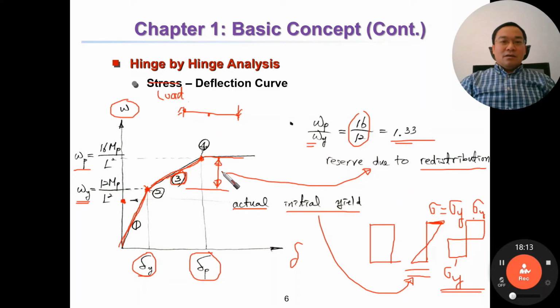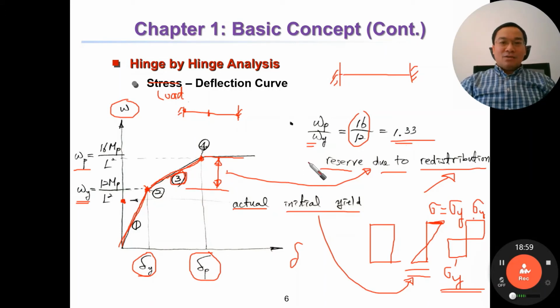This gap is due to the redistribution of the internal force, because in the indeterminate system, there is a redistribution of the internal force, and due to that we have a gap between the elastic limit load and the plastic collapse load.